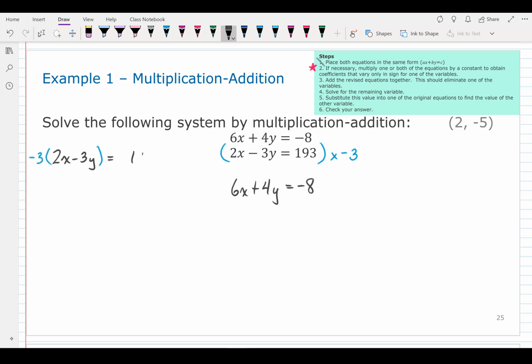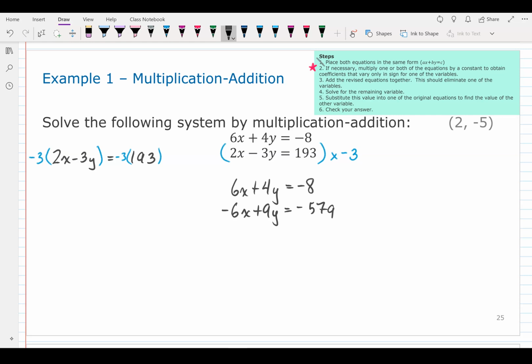And on the right side, we have a 193. Think of that also as having a -3 multiplied by it. Okay? But I like to write it all in one line. So 2x times -3 is -6x. -3y times -3 is +9y. And 193 times -3 is -579.